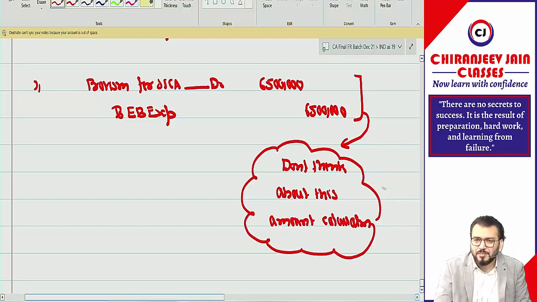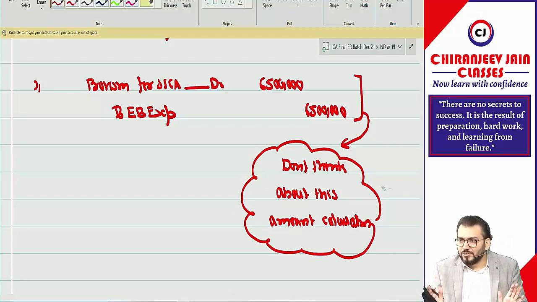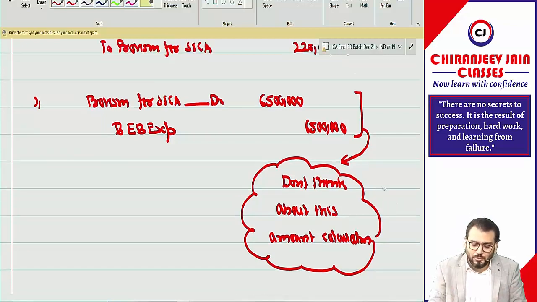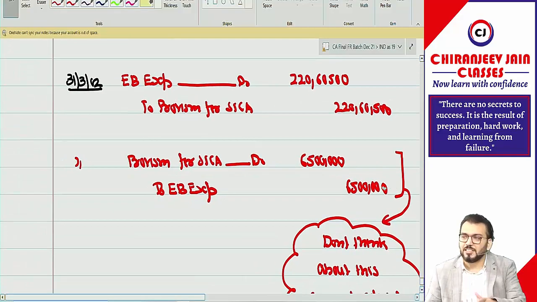If not given, then we'll calculate it, but if given, we'll use the information given. Understood what I want to say? Are you able to understand? So don't try to calculate how this amount has been calculated. Got it? Just reverse the previous year provision.